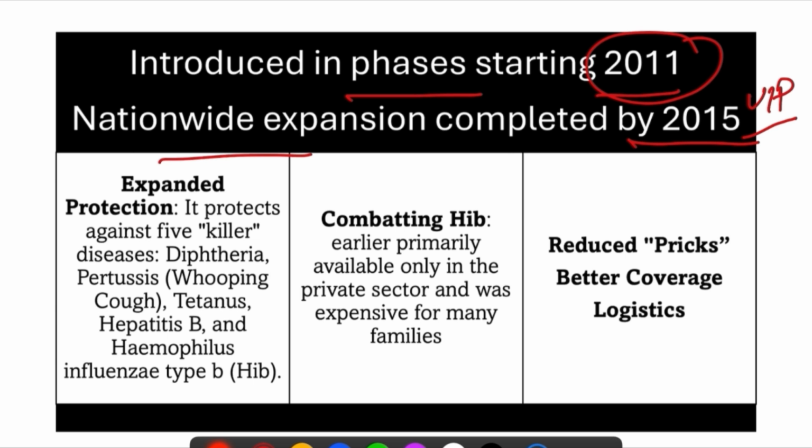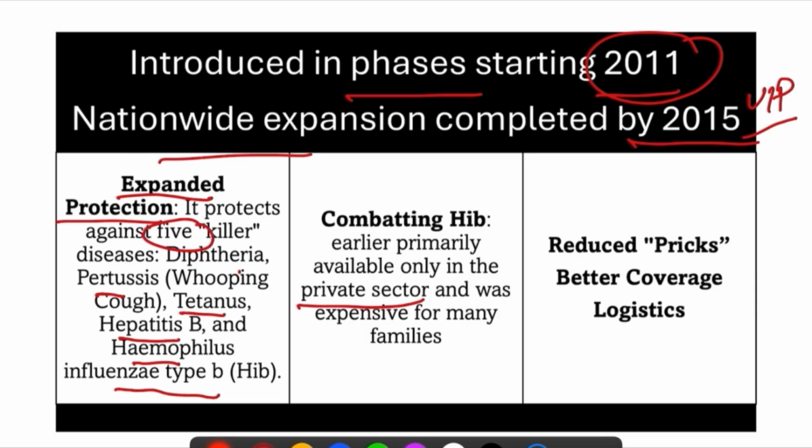Why was this vaccine introduced? The introduction of pentavalent vaccine has expanded the protection because this vaccine protects against the 5 killer diseases, which are diphtheria, pertussis, tetanus, hepatitis B, and Haemophilus influenzae type B. Earlier, the Hib vaccine was very expensive and mostly available in the private sector.